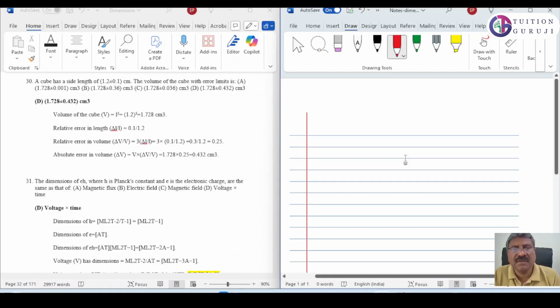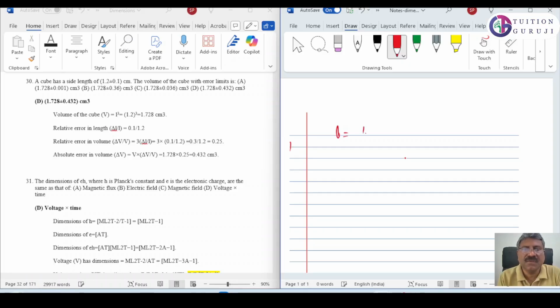A cube has a side of length 1.2 plus or minus 0.01 centimeter. Now, we have to find out the error limits for the volume of the cube. So here, length is given as 1.2 plus or minus 0.1. Now, what is the volume? Volume is L cube, which is 1.2 cubed, 1.728 centimeter cube.